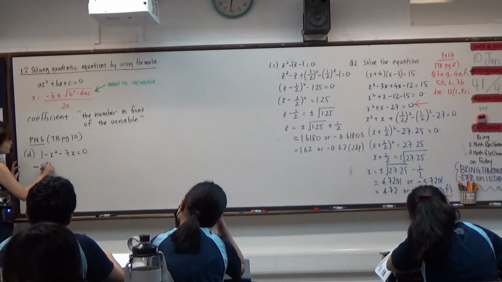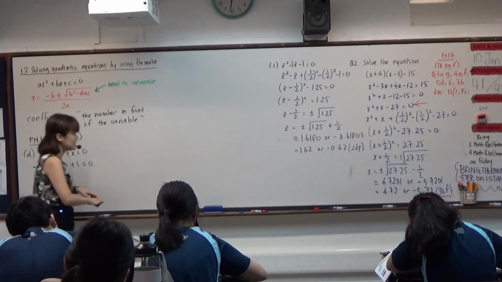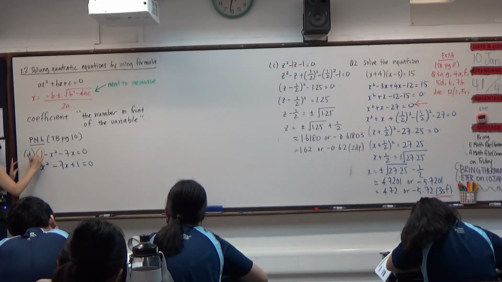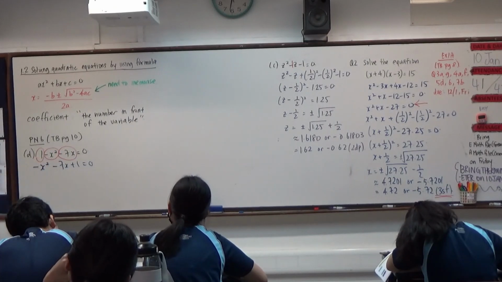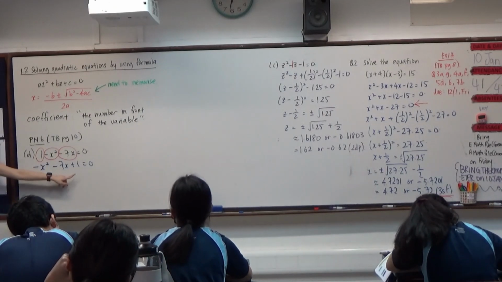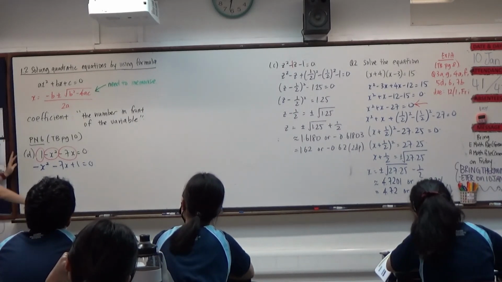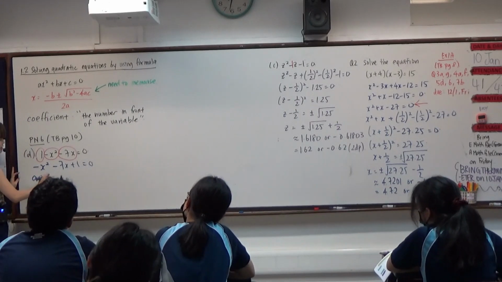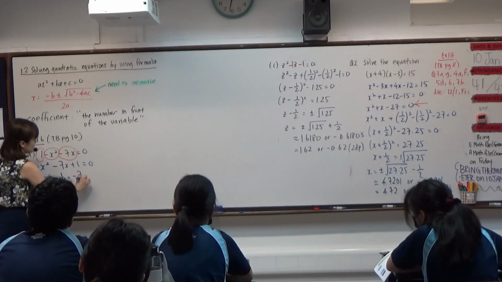We get negative x squared minus 7x plus 1. When I rearrange it, hope you can recognize your terms: negative x squared, negative 7x, and 1. We always say the operation is in front, so I just shift it around to get the exact same format. So the coefficient of x squared, a, is negative 1, b is negative 7, and c is 1.